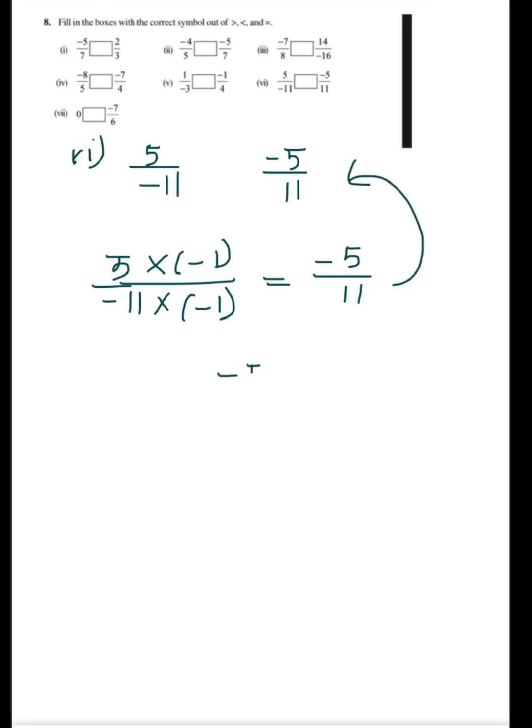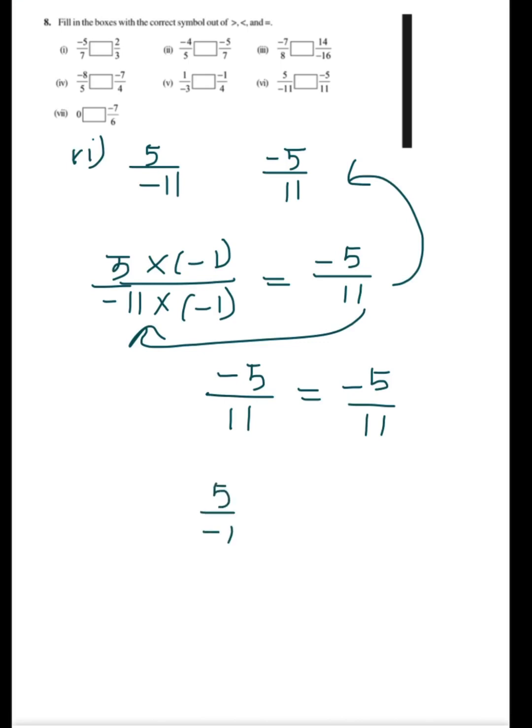So 5 by minus 11 is equal to minus 5 by 11. This is our answer, that is the equal to sign.